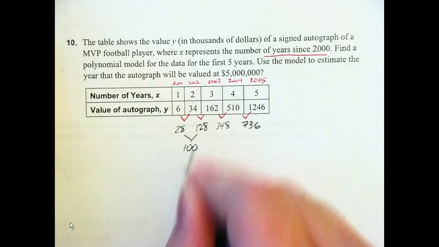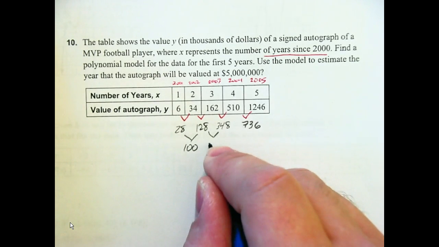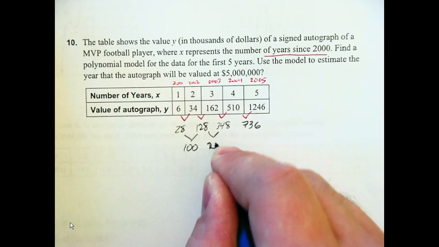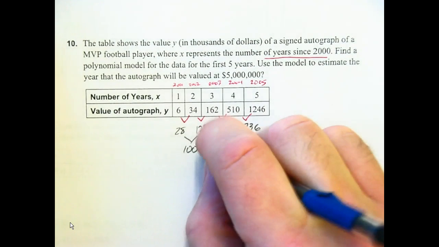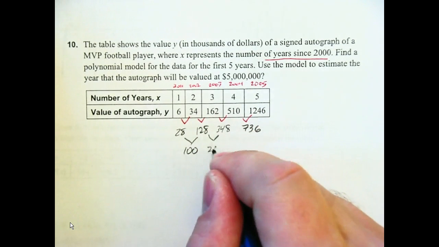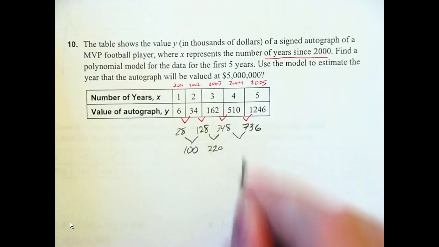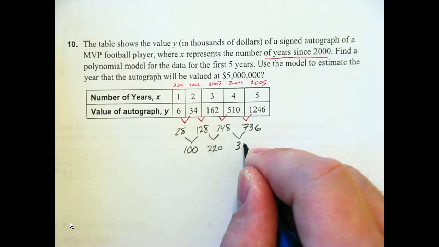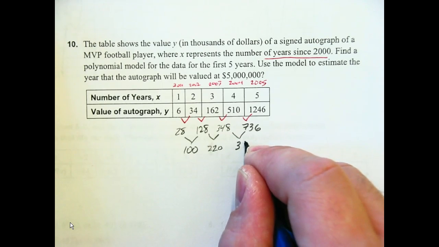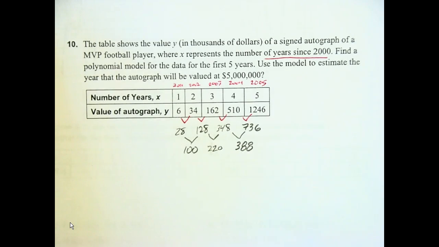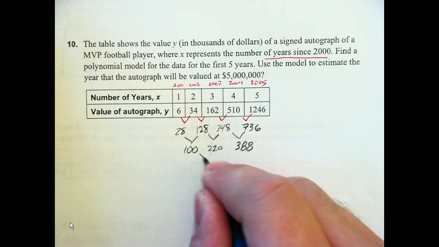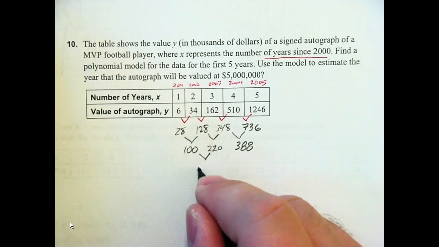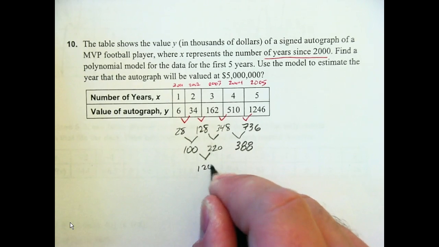There's 100. This one looks like 220. I messed up on 2 twice there. That's kind of odd. Actually, it's even. Okay, and this one is 380. Okay, and obviously not a common difference, so now we're down to 120.